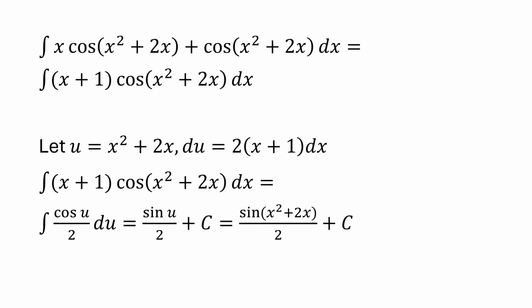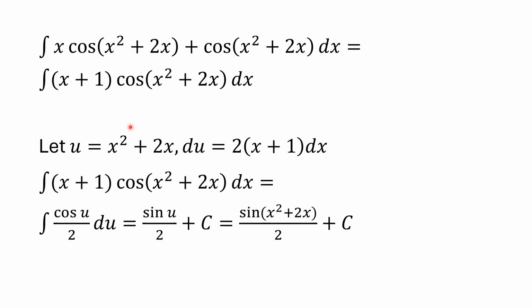So we're going to let u be x squared plus 2x, and du is 2 times (x plus 1) dx. So 2x plus 2 is 2 times (x plus 1) dx.